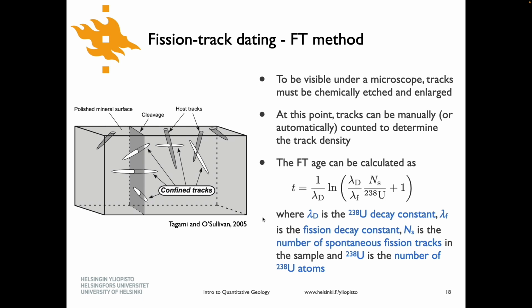But as far as the dating method goes, the general concept, like any thermochronometer, is that in this case, the damage repairs itself in the crystal at high temperature. So, like our helium being diffused out of the crystal at high temperature, these damage pathways are repaired within the crystal structure.